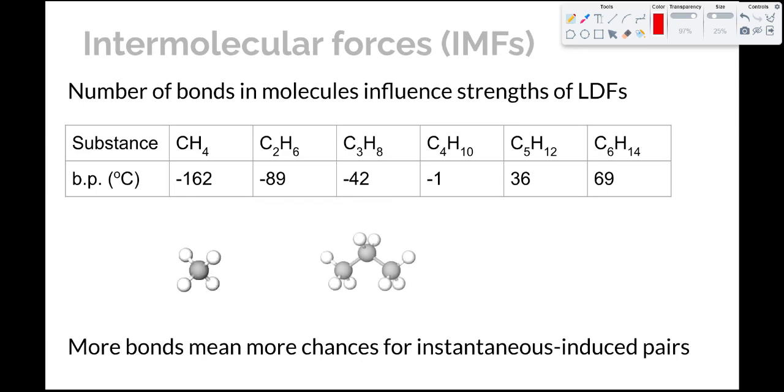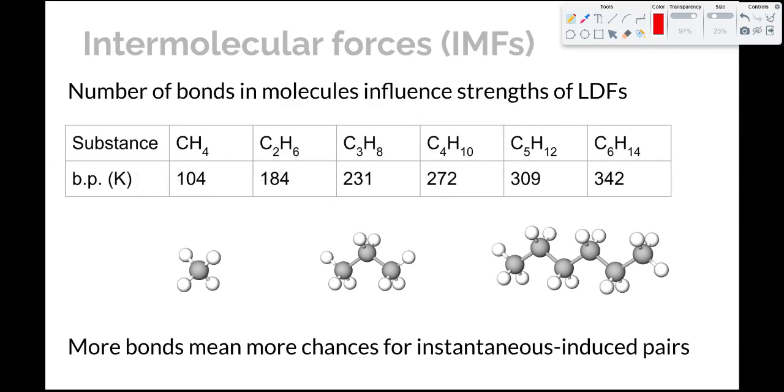Here's what they look like visually, just a sample from the middle and the two ends. CH4 has only 4 bonds. C3H8 has got 1, 2, 3, 4, 5, 6, 7, 8, 9, 10 bonds. And if you look at the difference between the boiling points, C3H8 is much higher boiling point than CH4.